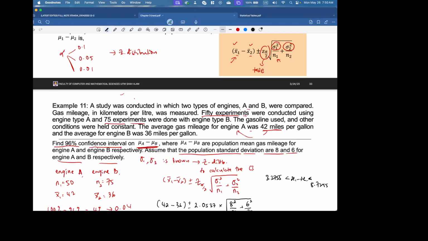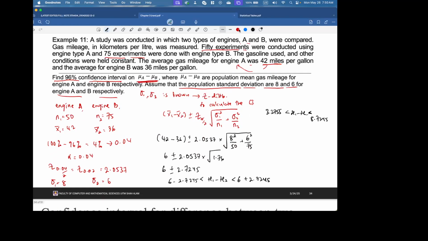Now based on this interval, try to answer this.